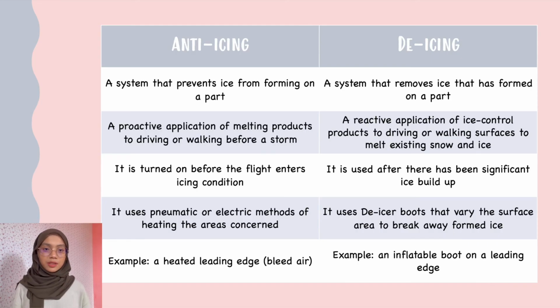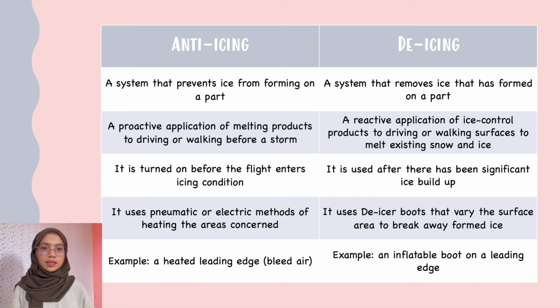Next, I will be presenting the differences between anti-icing and also de-icing. So anti-icing is a system that helps to prevent the formation of ice on certain parts of the airplane, while de-icing is a system that helps to remove all the ice that has formed on the airplane.